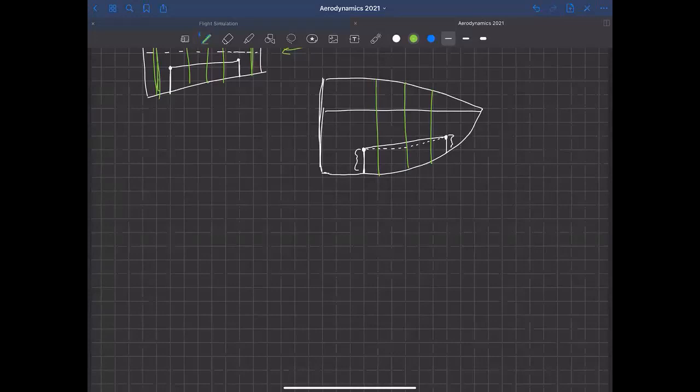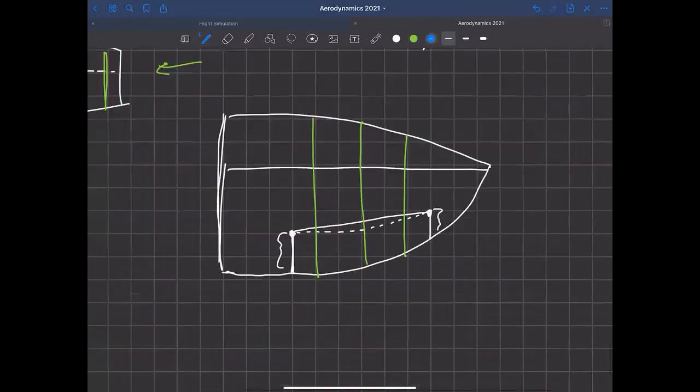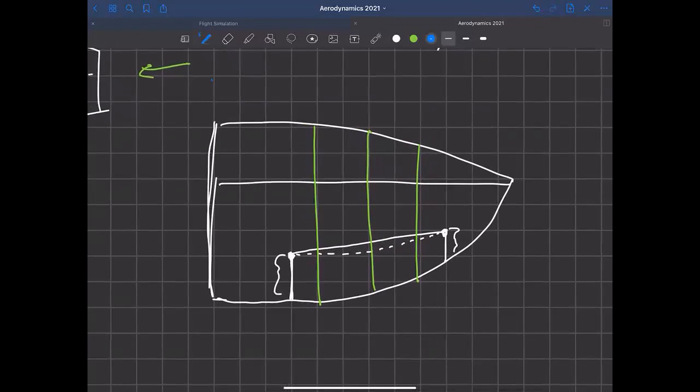So I'm going to put a coordinate system on top of this drawing here, and let's zoom in on it. Okay, so I've got a coordinate system, and it doesn't really matter how you do this coordinate system, but let's try to keep it the same as the way that we've plotted this wing previously. So we're going to call this Y, and this X. Now remember, we've plotted the geometry of this wing on an XY plot.